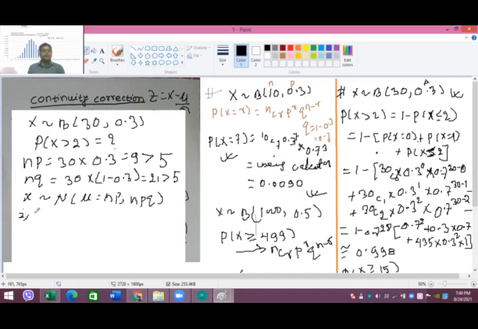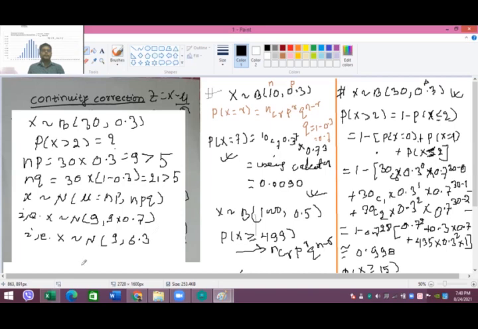You can see here that x follows a normal distribution with mean value n times p, which we have already calculated as 9. Since n times p is 9 and q is 0.7, x follows a normal distribution with mean value 9 and variance n times p times q, which is 6.3.